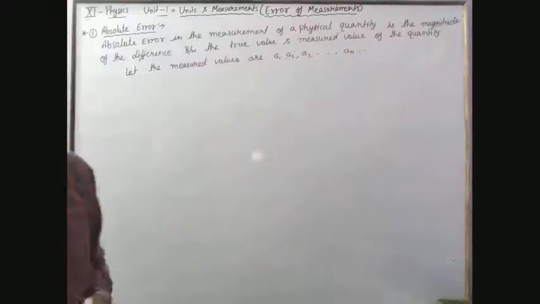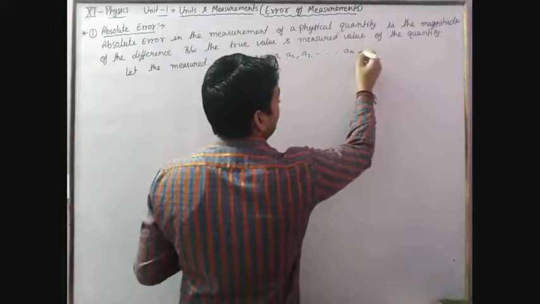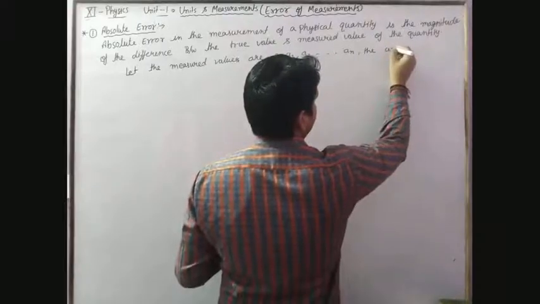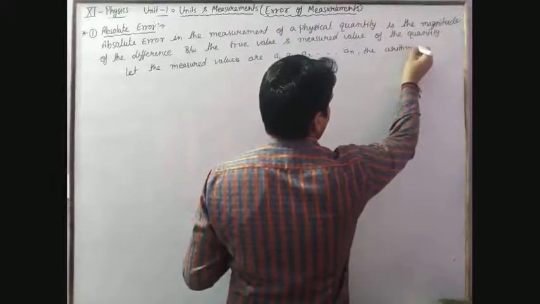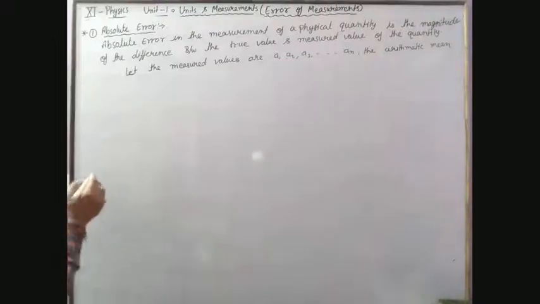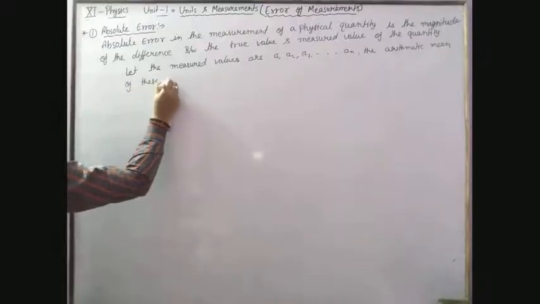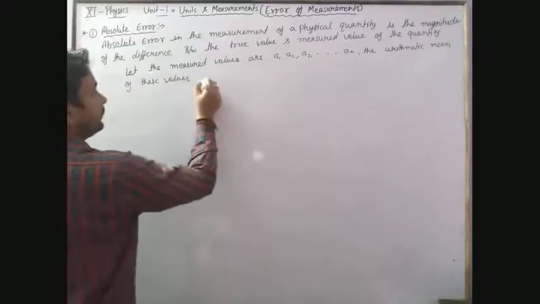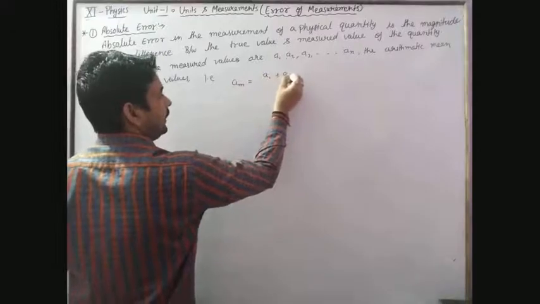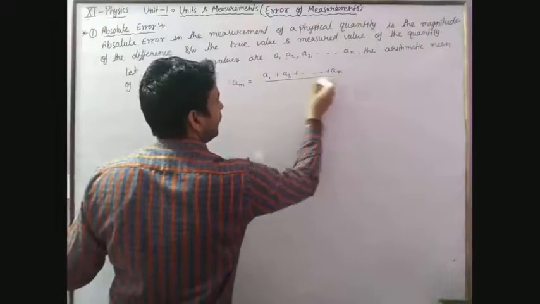Therefore, we calculate the average or arithmetic mean of these values: am is equal to a1 plus a2 plus up to an divided by n.